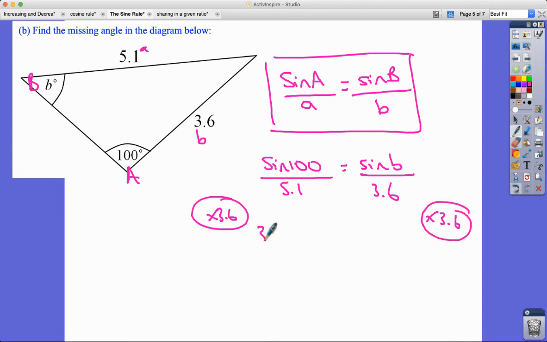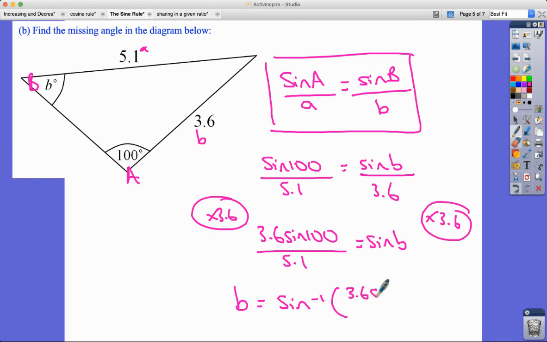And I get 3.6 sine 100 over 5.1 equals sine B. And now the last job I've got to do is to bring the sine over here by making it inverse sine. So B is sine to the minus 1 of the right-hand side, 3.6 sine 100 over 5.1. Being very careful again, 3.6 sine 100 divided by 5.1, and then I'm going to inverse sine my answer. And I get an answer of 44.0 degrees to one decimal place.